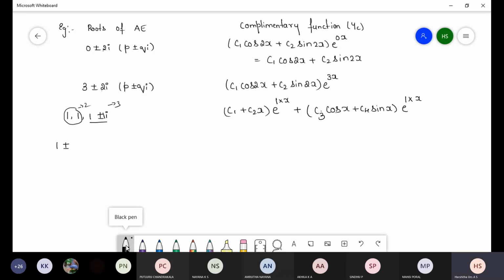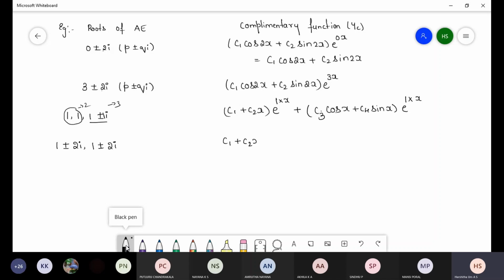Next, 1 plus or minus 2i, comma, 1 plus or minus 2i. This is a combination of again case 2 and case 3, but we have to use case 2 and write completely for the case 3 general solution. How do we have to write? As it is repeated, first you write the repeated condition.